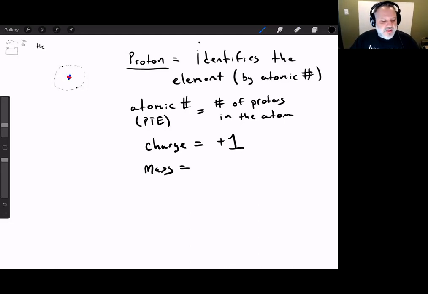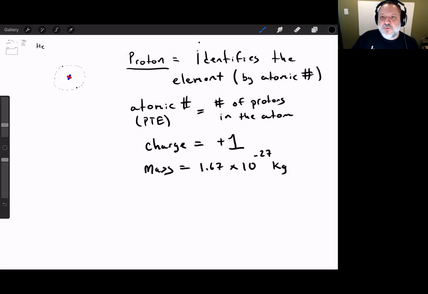The mass of the proton, although it's really the most massive particle, and protons and neutrons are the massive particles, it's really tiny. It's 1.67 times 10 to the negative 27 kilograms.